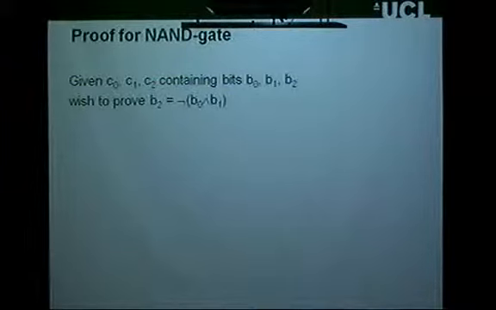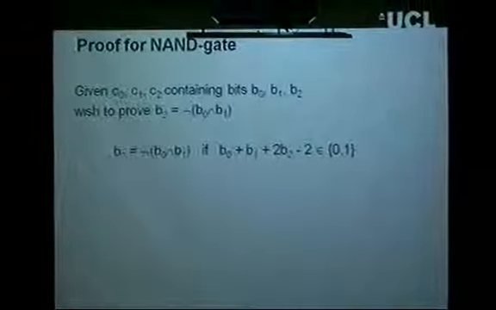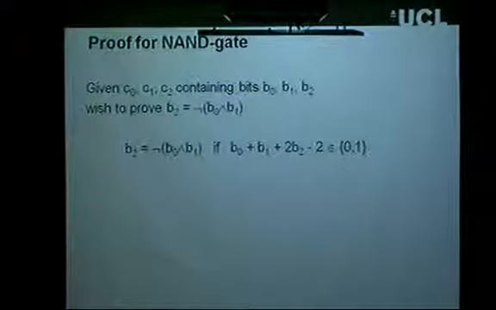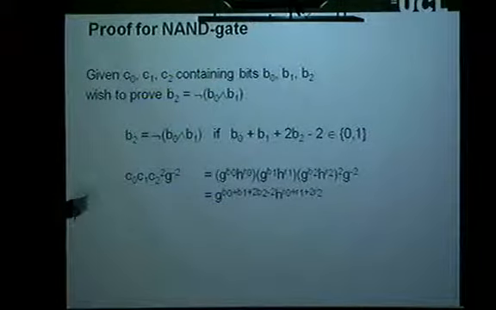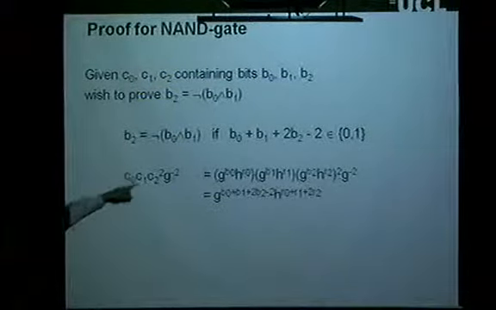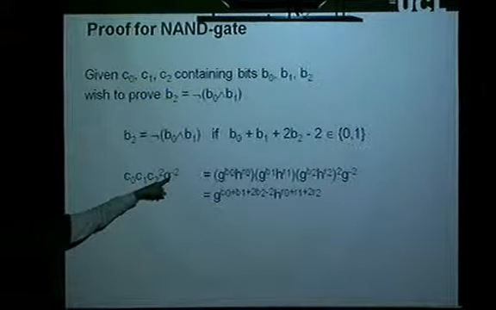So we have 3 commitments, c0, c1, c2, and they contain bits. We have already proved that they contain 0 or 1, right? So they contain bits b0, b1, b2, and we want to prove that b2 is a NAND of b0 and b1. Okay, and we have this observation that we're going to use. What we're going to do is compute the commitment c0 times c1 times c2 squared times g to the minus 2. Okay?